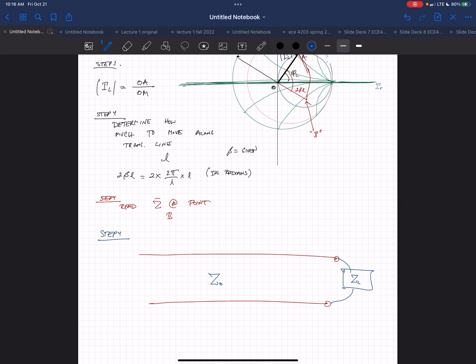We want to go back and multiply Z bar by Z naught, and you get the actual impedance at whatever point L you have.